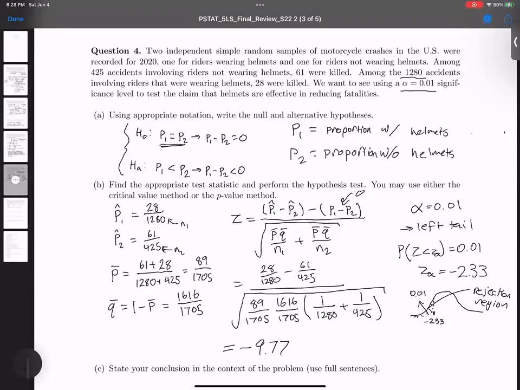What's to the left of negative 2.33 is the rejection region, and negative 9.77 is way out here, probably even further than what I'm drawing. And it's in the rejection region. So because negative 9.77 is less than negative 2.33, we reject H naught.